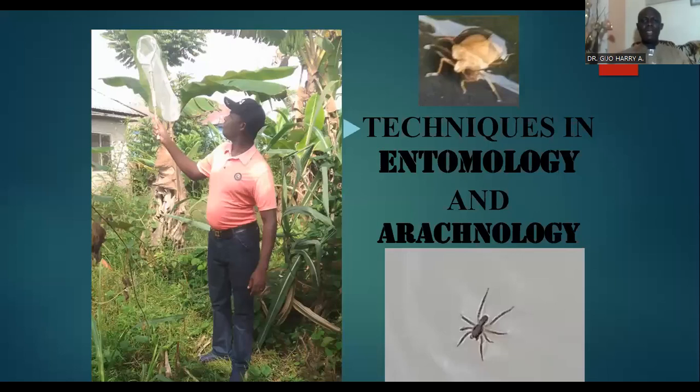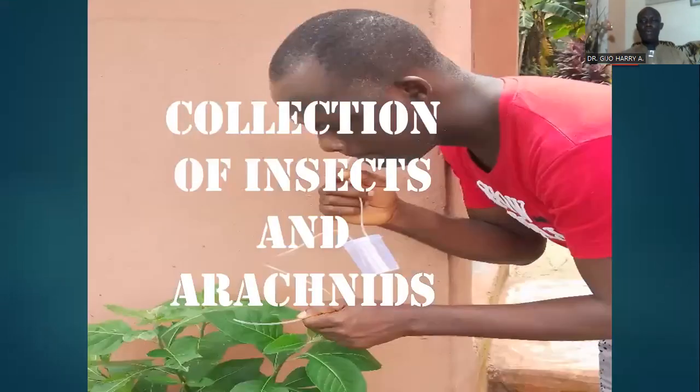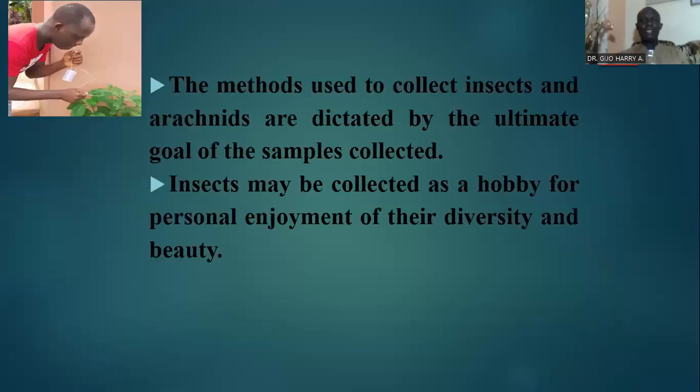The method for collection is determined by the habitat and also the purpose for the collection, the reason why these organisms are collected. The methods used are dictated by the ultimate goal of the samples collected.